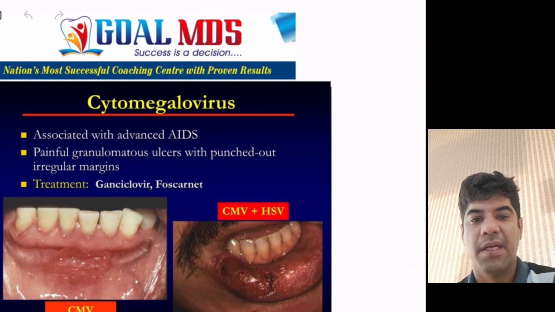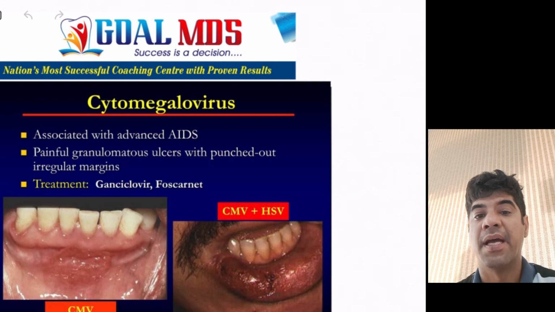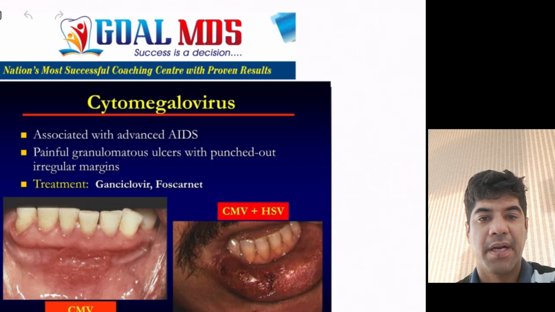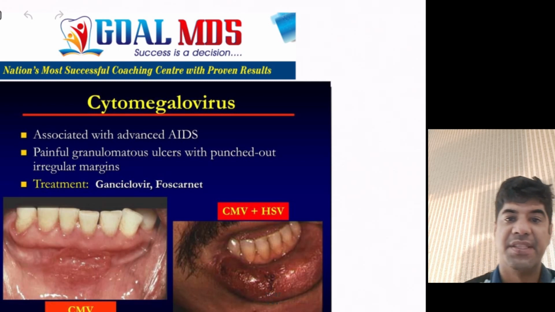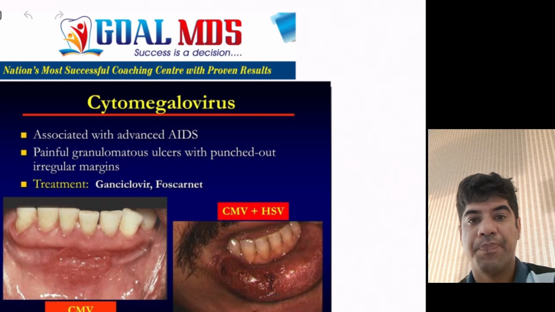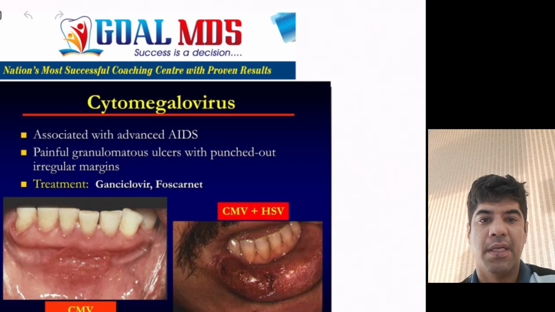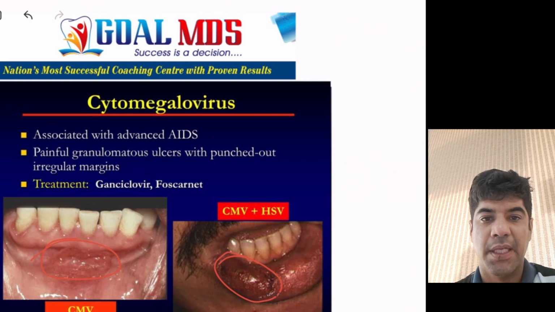The symptoms can range from mild fever to multi-organ involvement, including hepatitis, leukopenia, pneumonitis, gastroenteritis, etc. There could be chronic ulcerations caused by cytomegalovirus in immunocompromised patients. These are the chronic ulcerations associated with patients with AIDS.